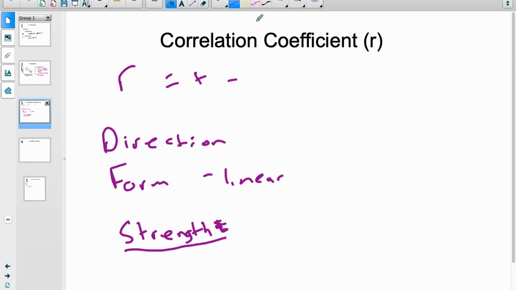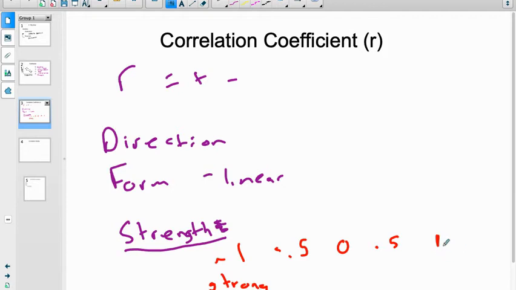With the strength, it goes on a scale from -1 up to 1. So -1 would be perfect line with a negative slope. So this would be strong.